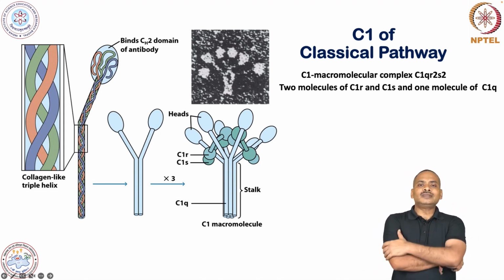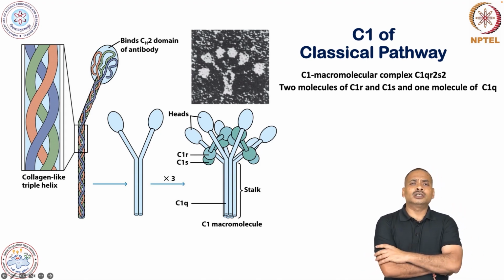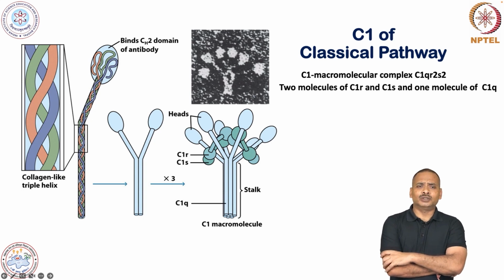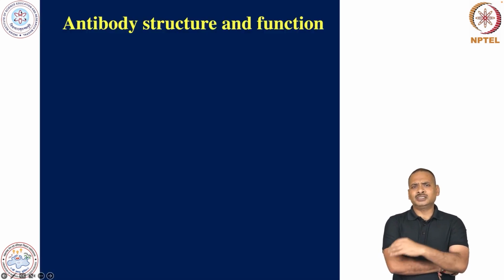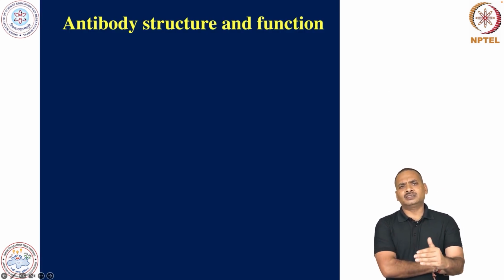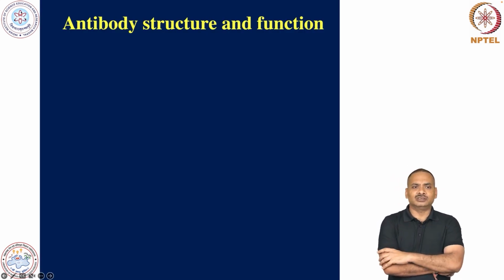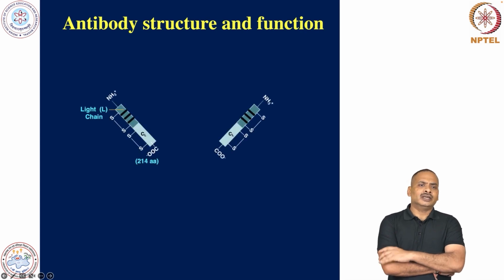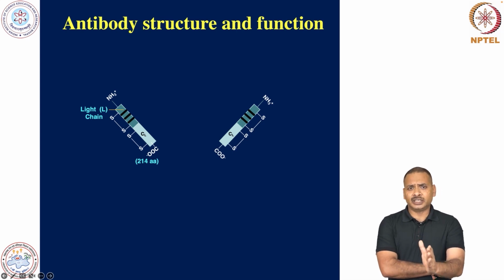Now let me show you the structure of antibody. This is just for a quick understanding. I will again discuss this structure when I take up the antibodies. So this is one class of antibody, the structure which I am showing.